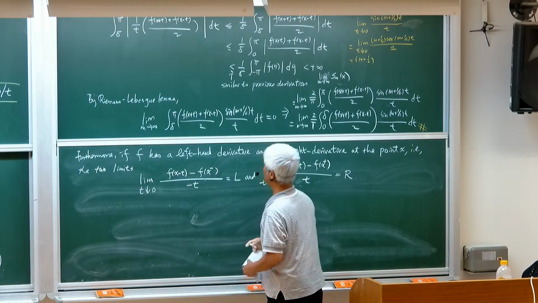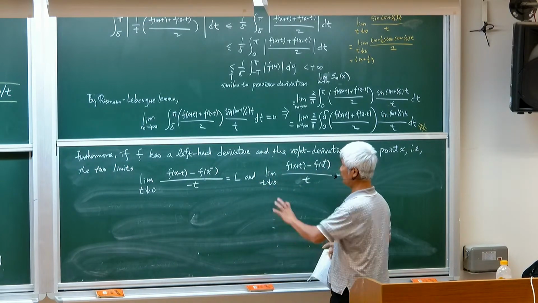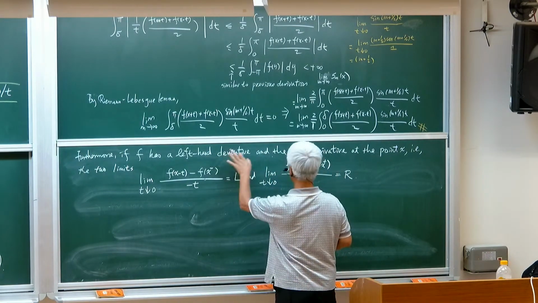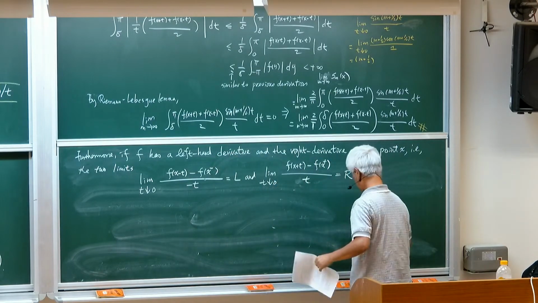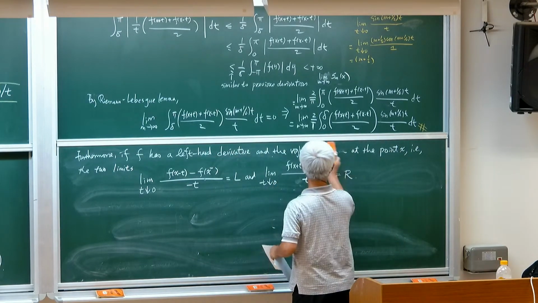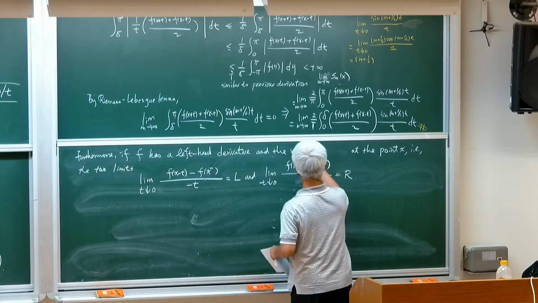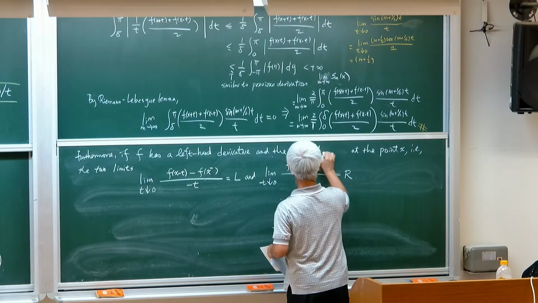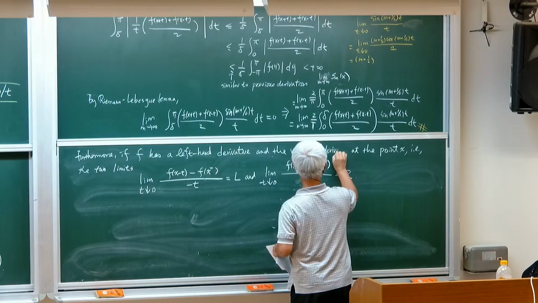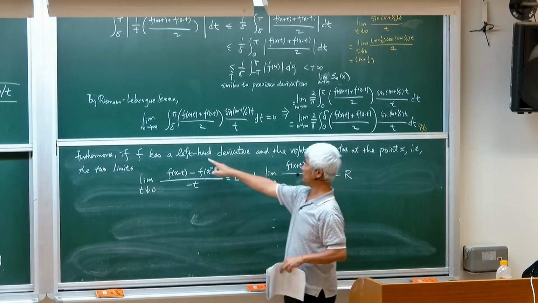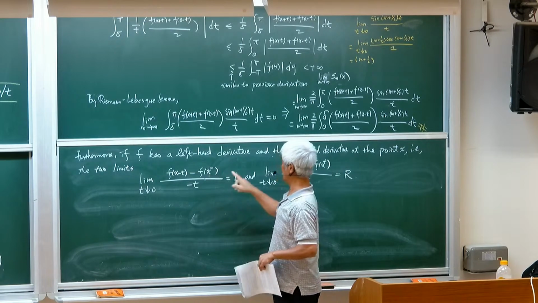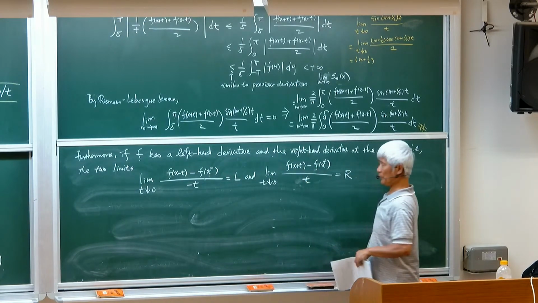So we have to make sure, before we evaluate the left-hand derivative and the right-hand derivative, that the function f has a left-hand limit and a right-hand limit at the same point x.